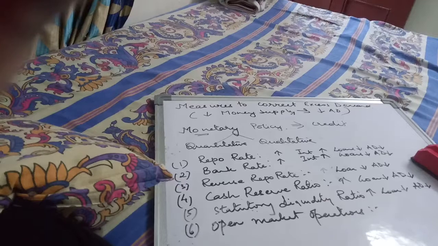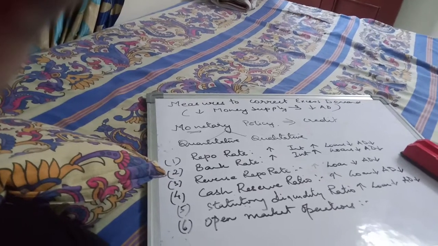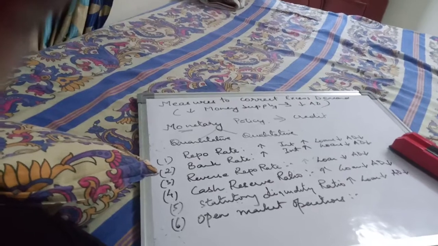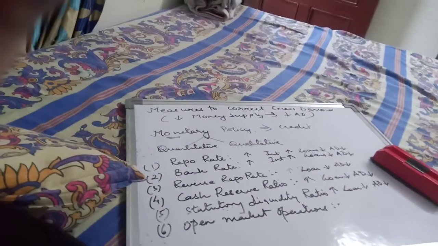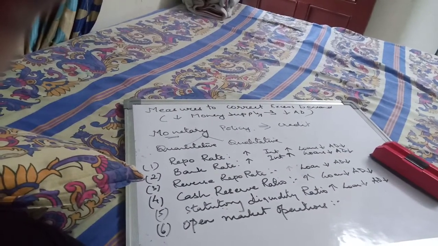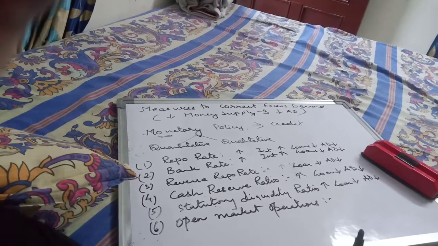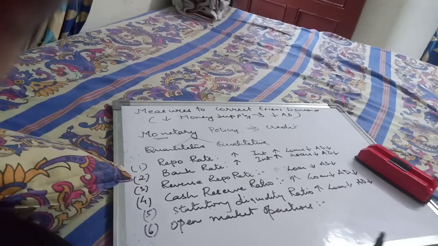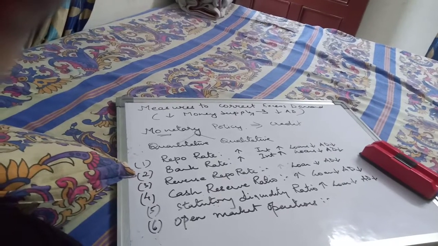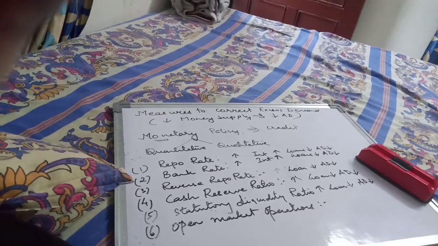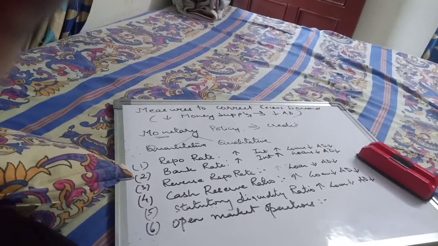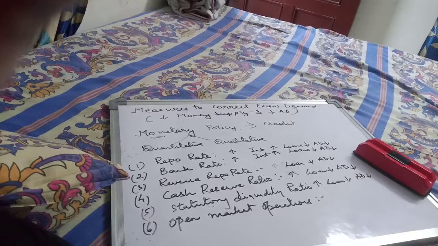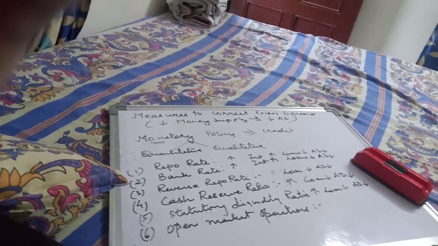Okay, now if central bank buys the securities, it is actually increasing the purchasing capacity, because the money will flow from central bank to the commercial banks or public. So the money in hand with the public is going to increase, but we need to reduce the money in hand or money in circulation.